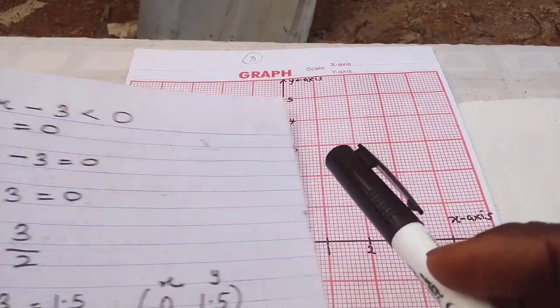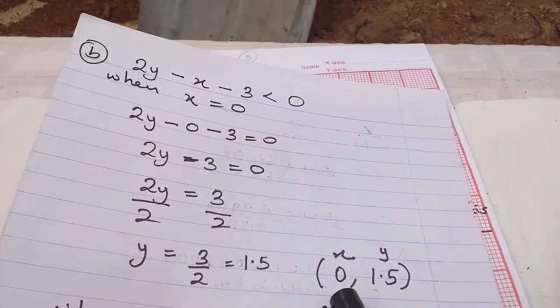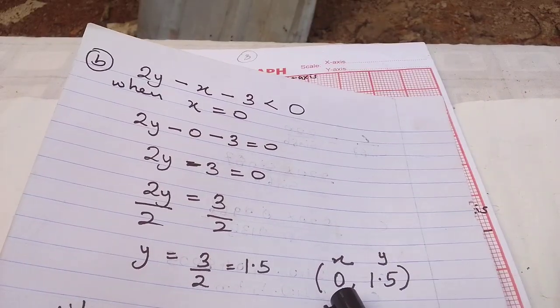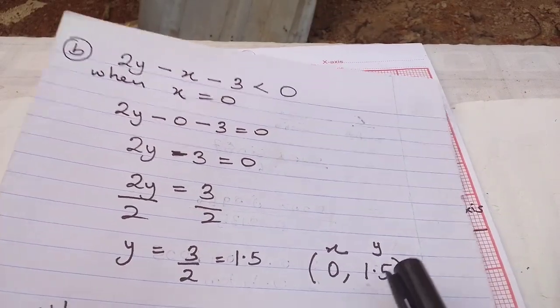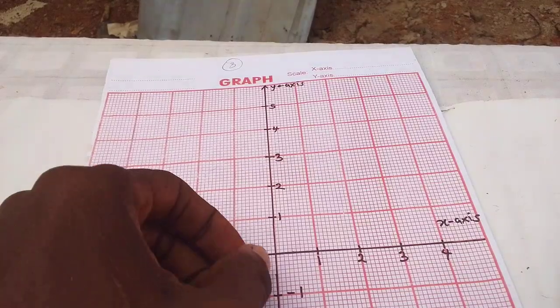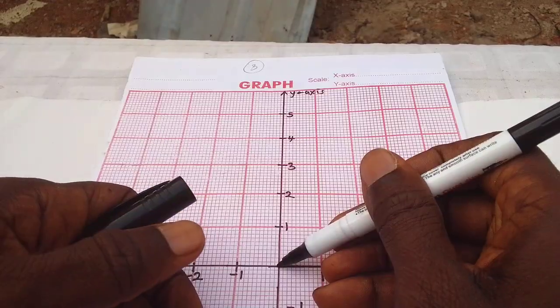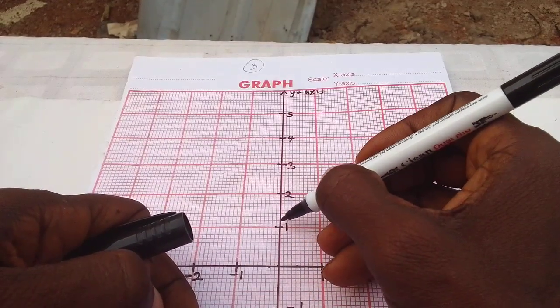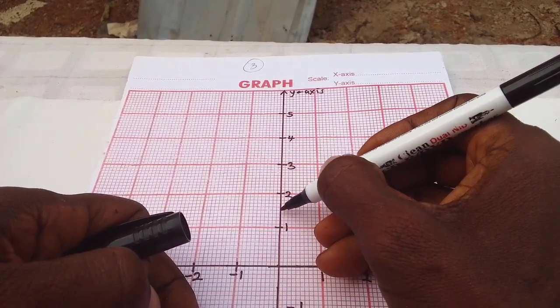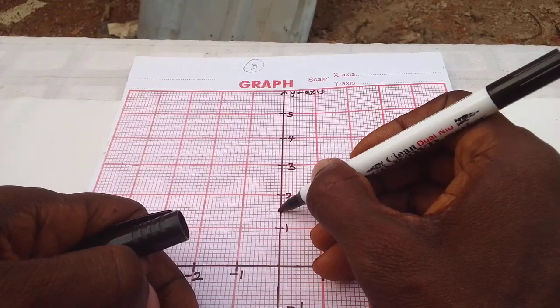Now, first of all, you want to plot this coordinate when x is 0, y is 1.5. X is 0 on this line, y is 1.5. If this is 1, 4. So y is 1.5 here.